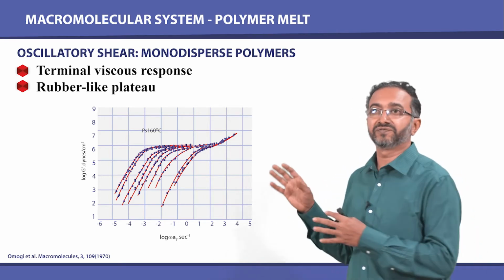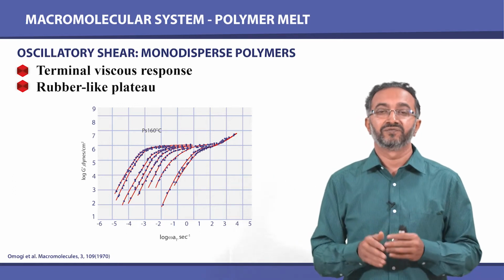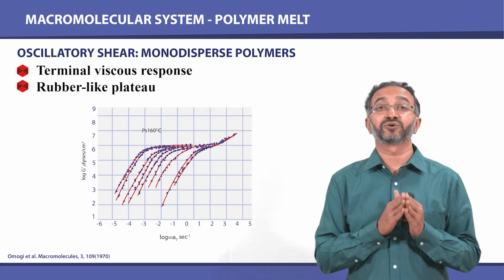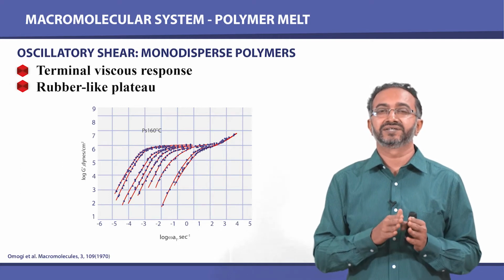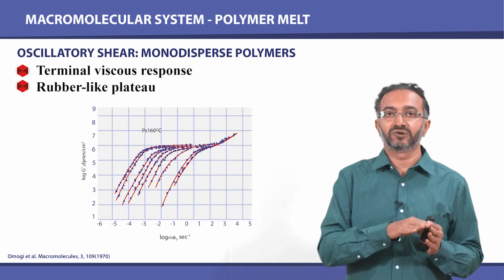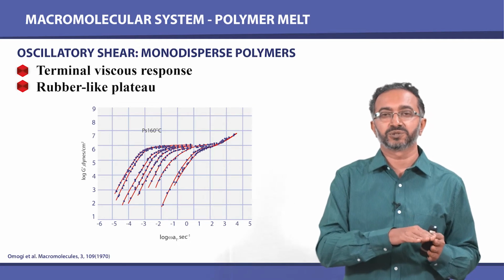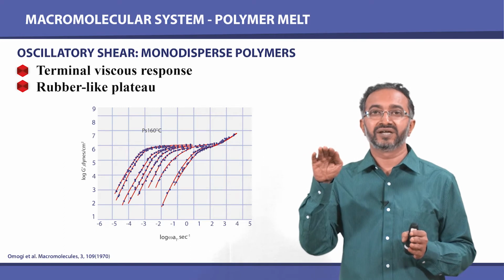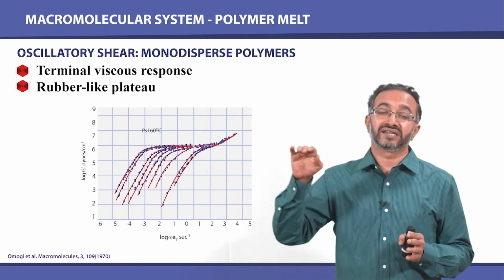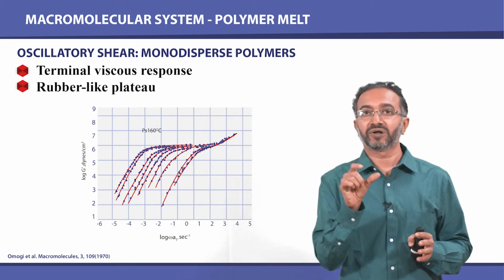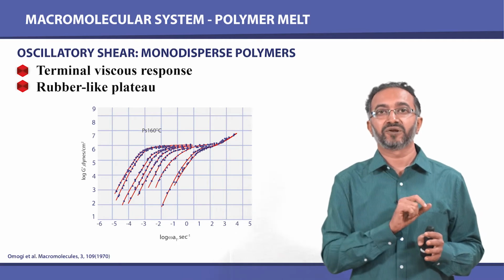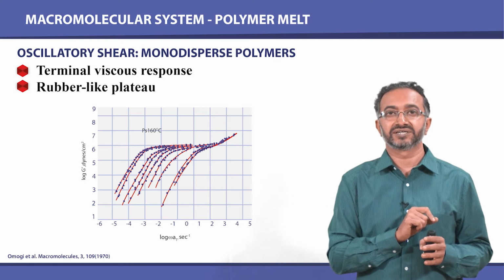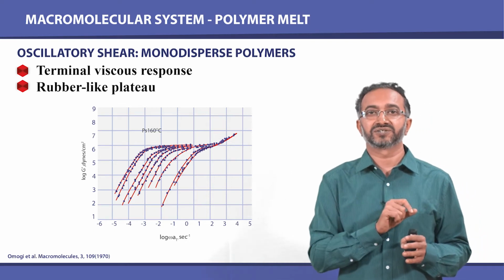So, for this set of monodisperse polymers, where each and every sample has a definite molecular weight in a very narrow range, we can see that at low frequencies there is a terminal viscous response, then there is an entanglement plateau or rubber like plateau, and then at higher frequencies we probe smaller and smaller lengths of the polymer molecule, or shorter and shorter time relaxation processes.